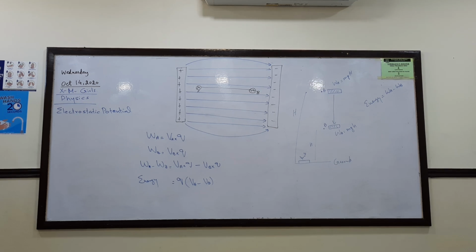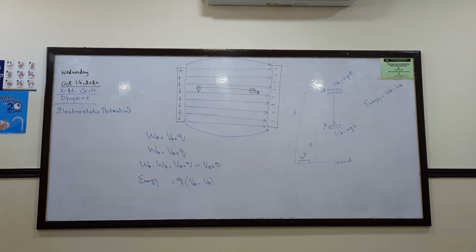If Q is 1 coulomb, then the potential difference between 2 points becomes equal to the energy supplied by the charge. Thus we define potential difference between 2 points as the energy supplied by a unit charge as it moves from one point to the other in the direction of the field.